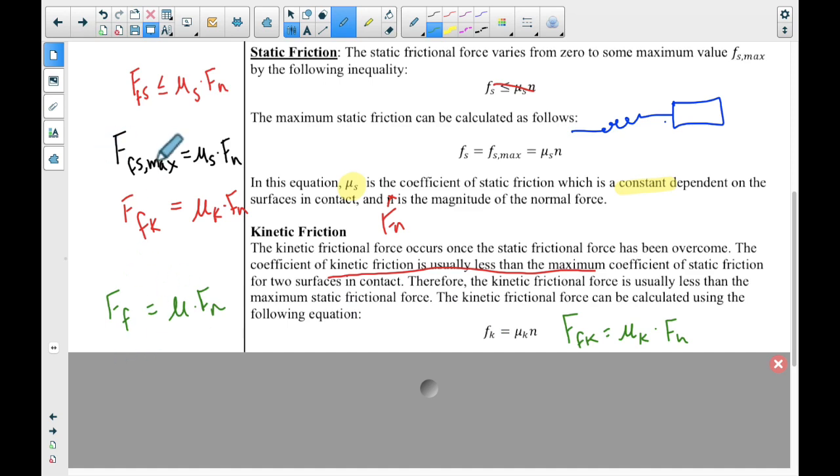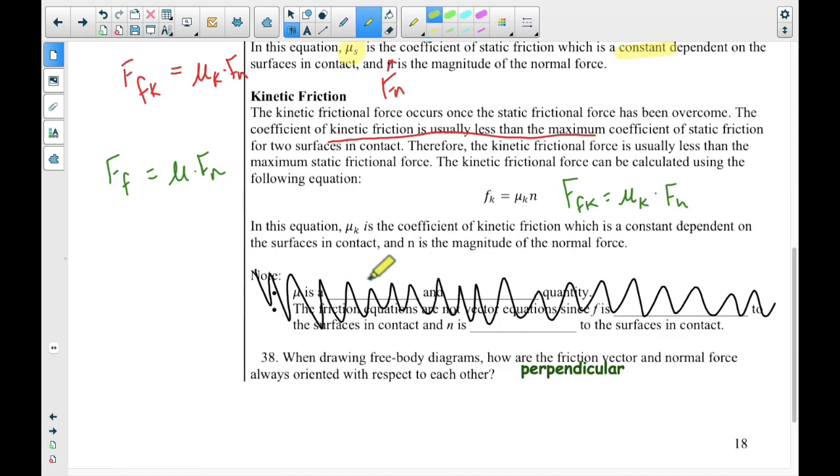Again, this is all on the equation sheet, so don't worry about memorizing. Okay, so in this equation, mu sub k is the coefficient of kinetic friction, which is a constant dependent on the surfaces in contact, and n, or F sub n, is the magnitude of the normal force. And once again, that's going to vary whether you're talking about ice or sandpaper or Velcro or whatever.